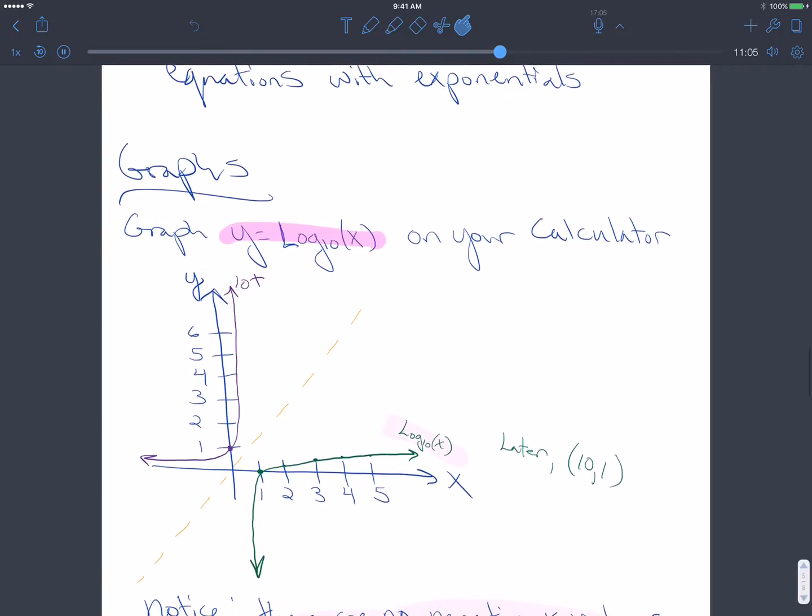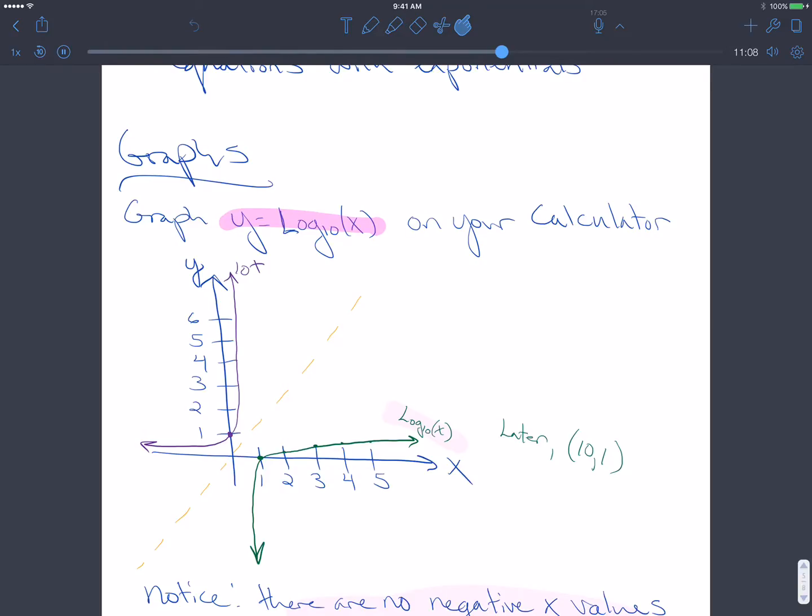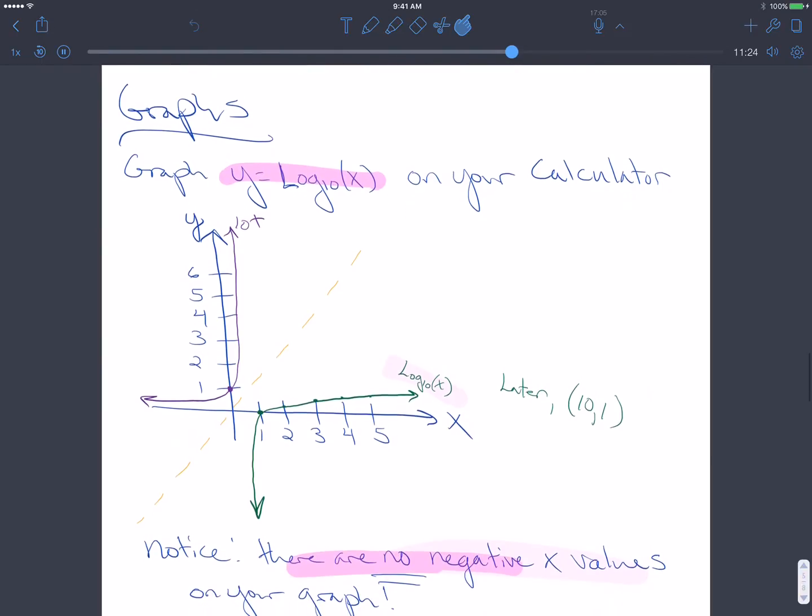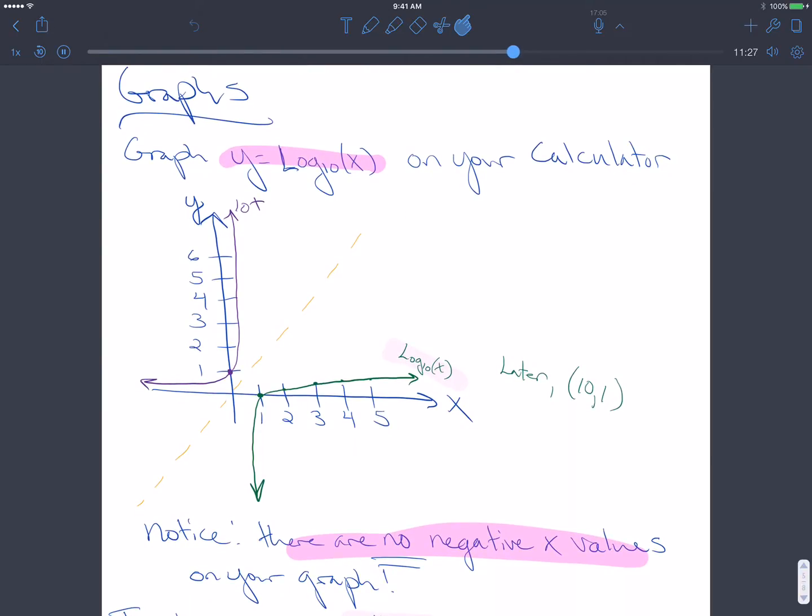These graphs are very, very related to each other. In fact, the inputs of log base 10 of x are the outputs of 10 to the x, because that's how logarithms are defined. So in this particular case, you can see that there are no negative x values that work for your logarithm.